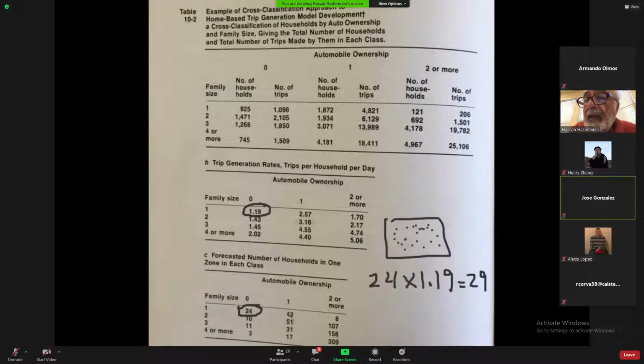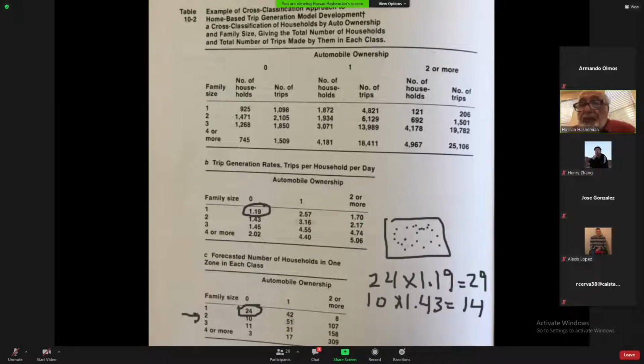Yes. And now you multiply all these numbers. For instance, the next one will be 10 times what? 1.43, correct? And you end up with almost 14 trips being made by households that have 2 people in them and no car.